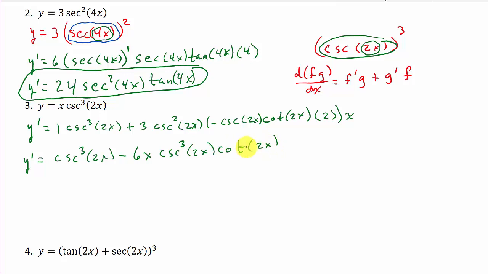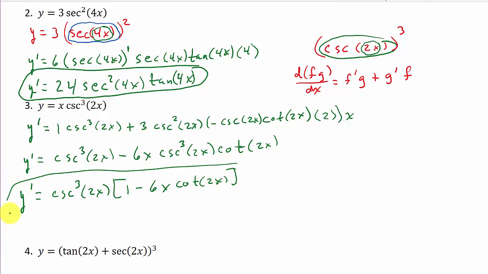And then, I mean, I guess you could leave it like that. If you wanted to do a little more to it, you could factor out a cosecant cubed 2x, and that would leave you with 1 minus 6x cotangent 2x. I think this looks a little neater, a little better than this line up here, so yeah, I'd go ahead and factor that cosecant cubed out.